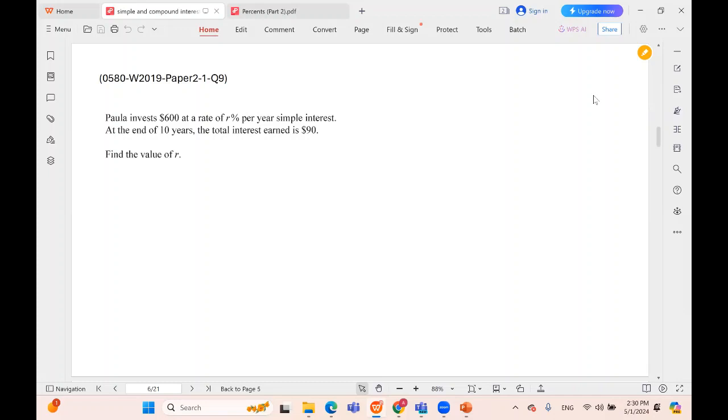Paula invests $600 at a rate of R% per year, simple interest. At the end of 10 years, the total interest earned is $90. So the interest is the difference between the final amount and the initial amount. So F minus P equals I. The interest is future minus present.